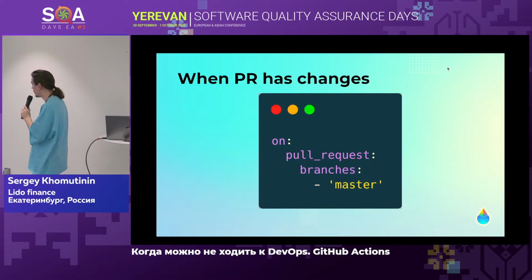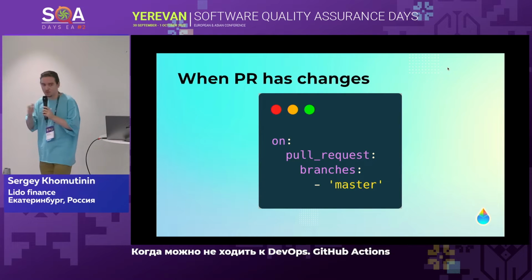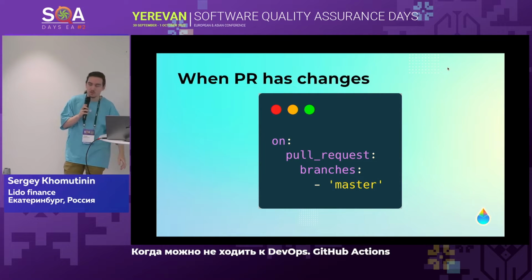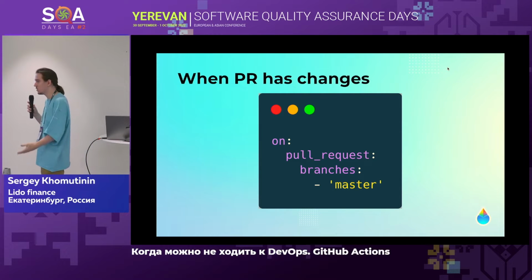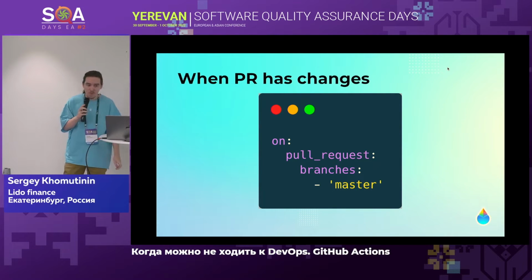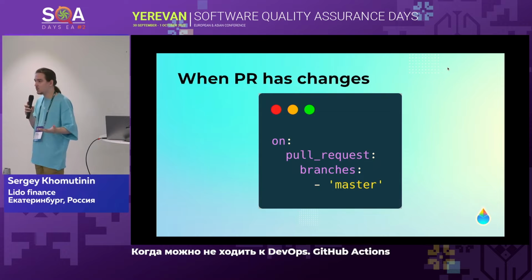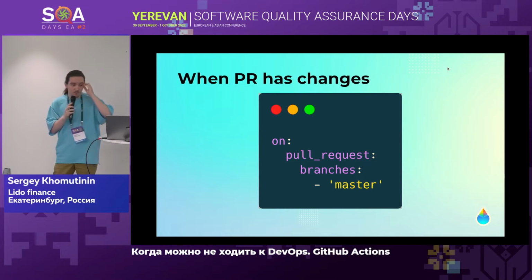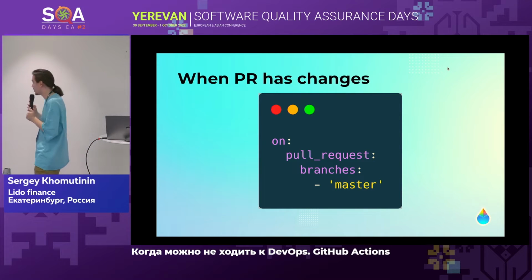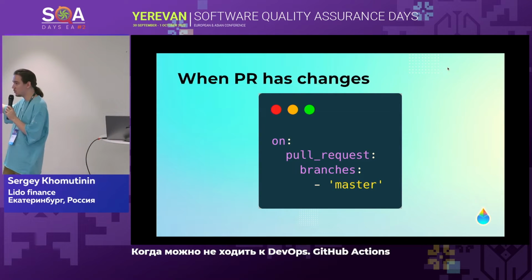We could also use a pull request. This is the most commonly used event, and these tests will be launched in any open repository which is active. So we open up a pull request, and if it opens in draft, then those tests are not run, because the request is not complete. If there are some changes made to the pull request, a new code came in, for example, then tests will be launched anyway.